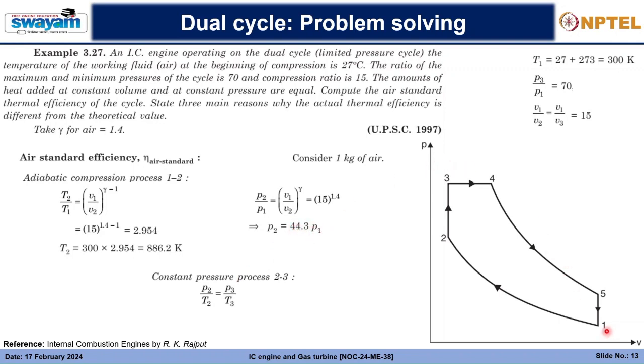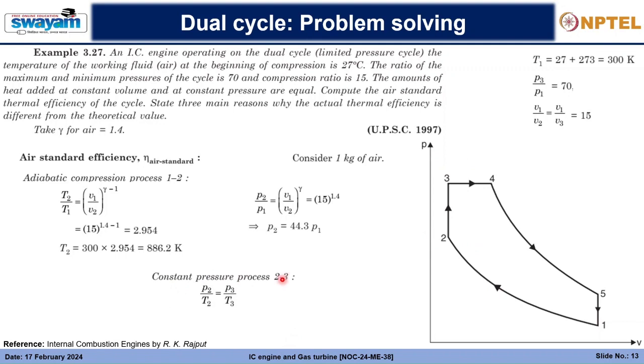P1 we do not know for now. Only T1, the 27 degrees Celsius at the beginning of the compression, is given, but not the pressure. We do not need that, as we are only concerned with the maximum pressure, and we will get to that.